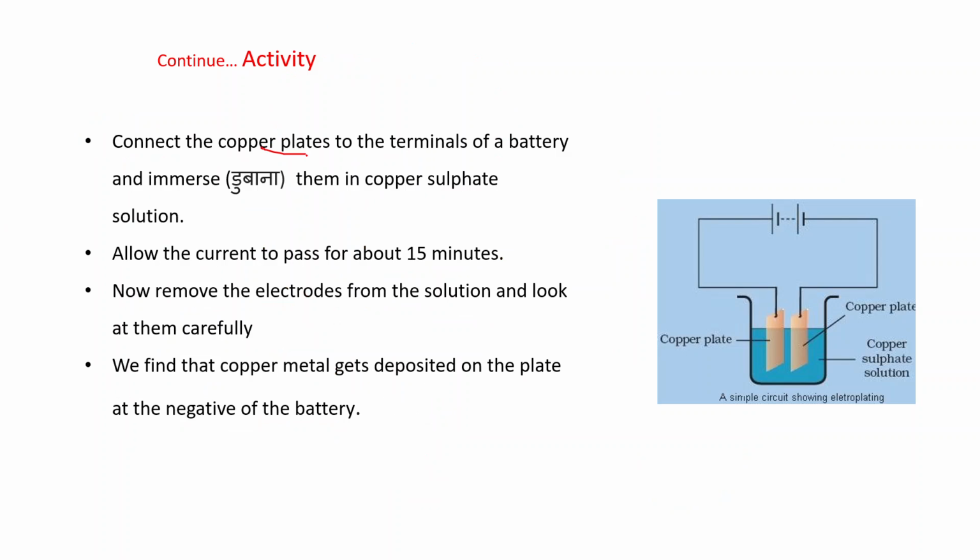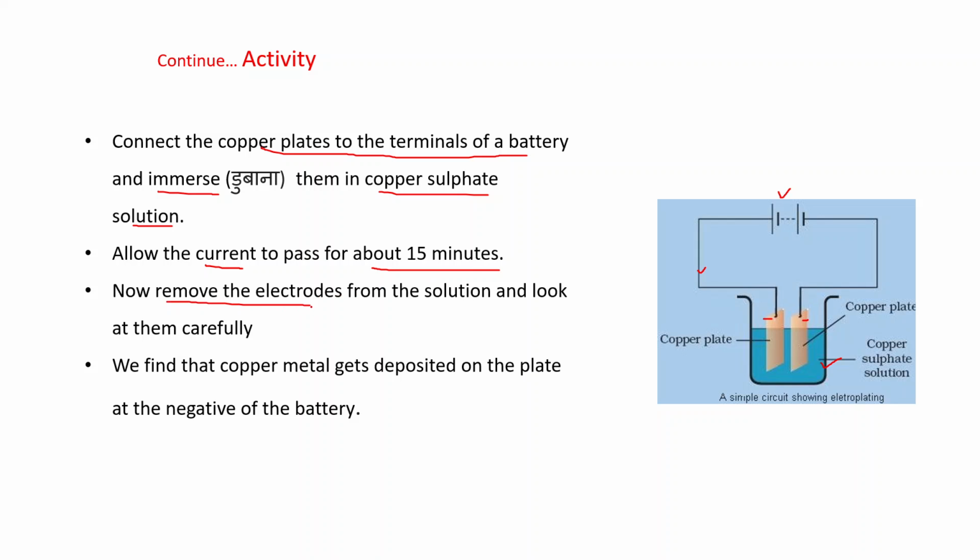Connect the copper plates to the terminals of a battery and immerse them in the copper sulfate solution like in this diagram. These are the copper plates. With the help of these wires, they are connected with this battery, and these copper plates are immersed in the copper sulfate solution. Allow the current to pass for about 15 minutes.